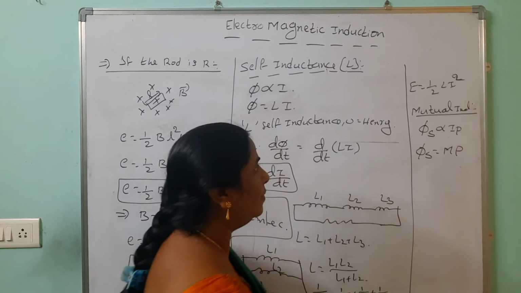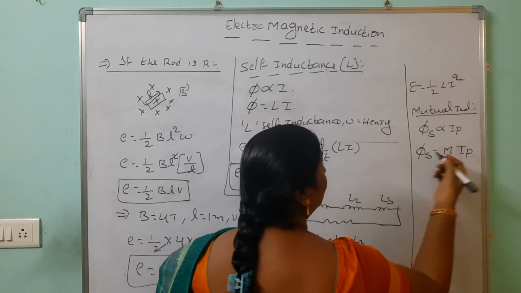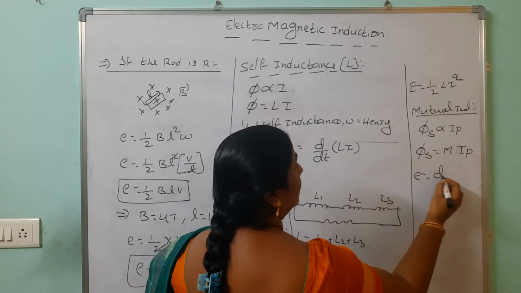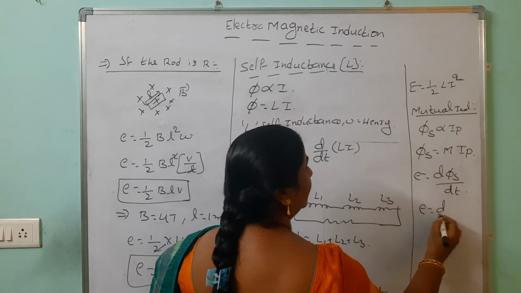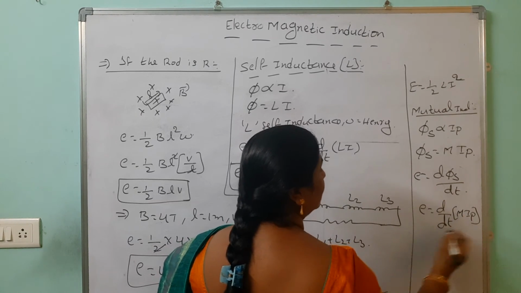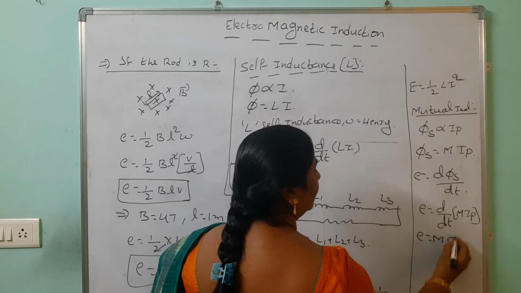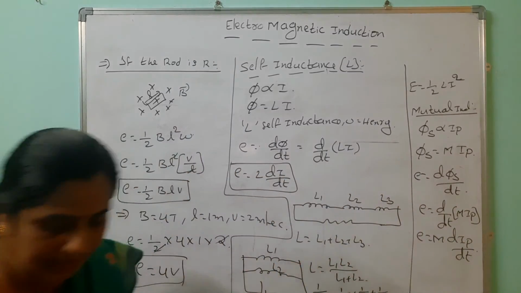That we call the mutual inductance, and the current in the primary coil we can get. Then the electromotive force is d phi s by dt. Instead of phi s we write mutual inductance into Ip. So E equals M into dIp by dt. This is about the mutual inductance.